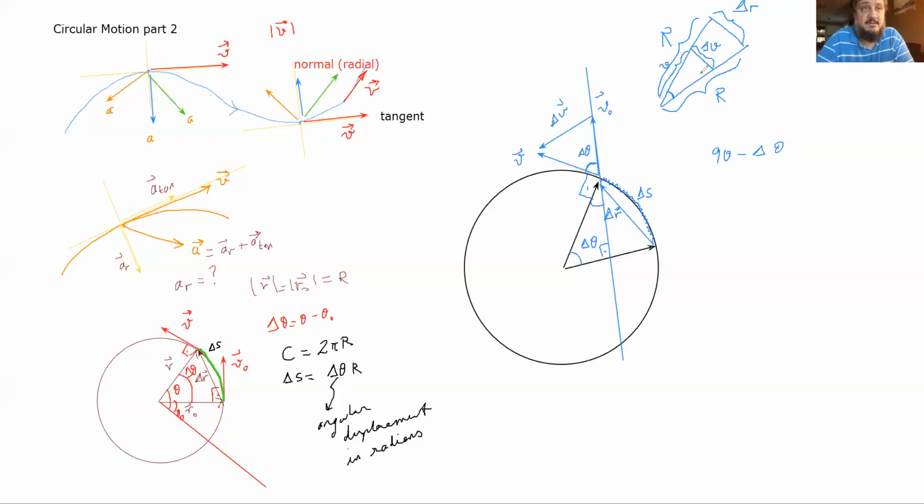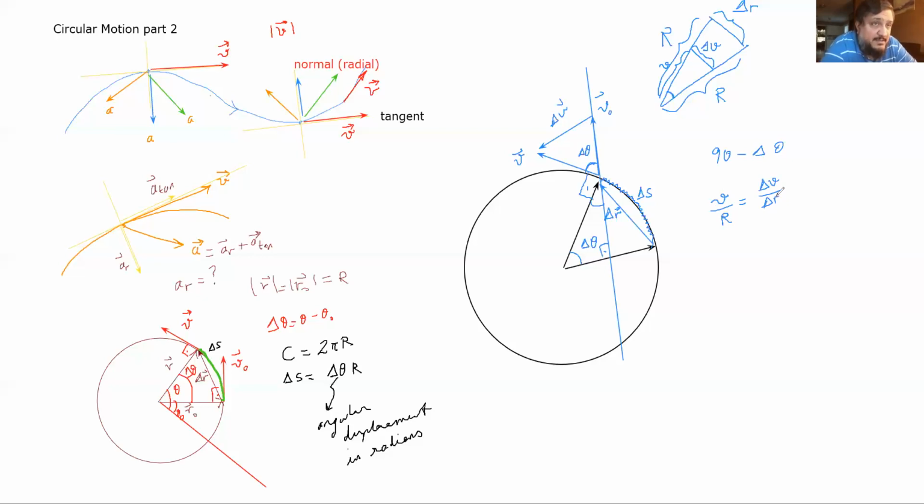So this side is v, and the similar triangles have this ratio: v divided by r will be equal to delta v divided by delta r. All right, so that's good.